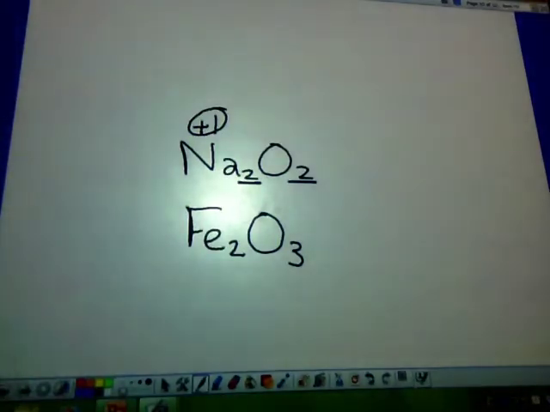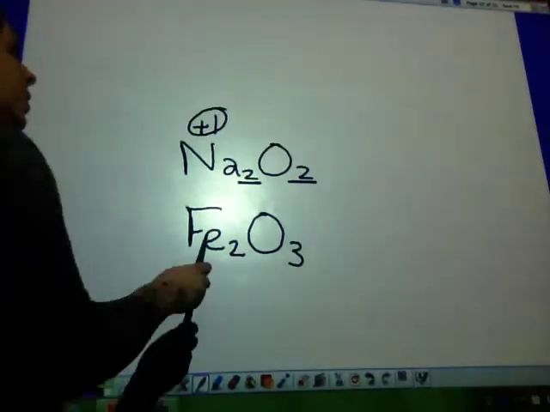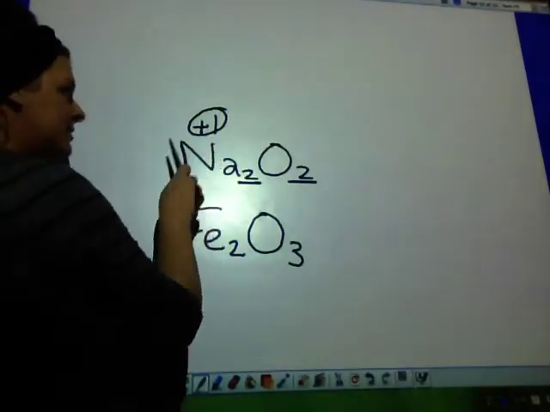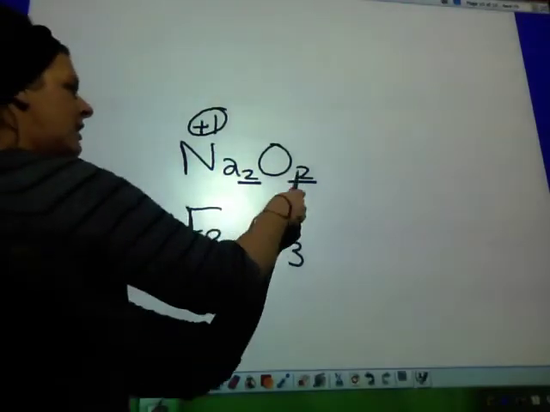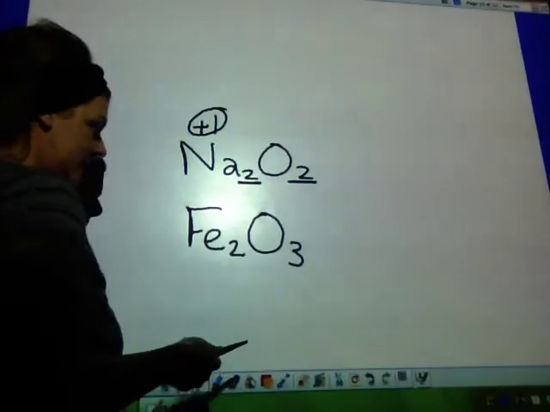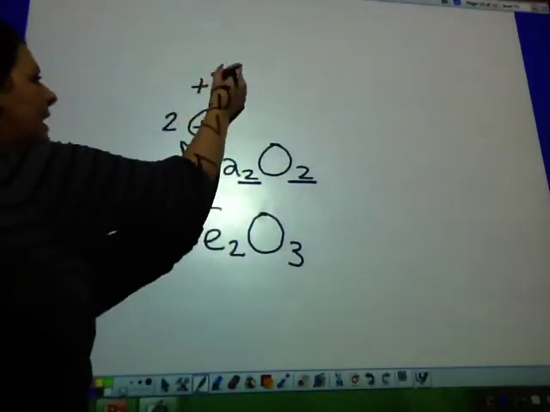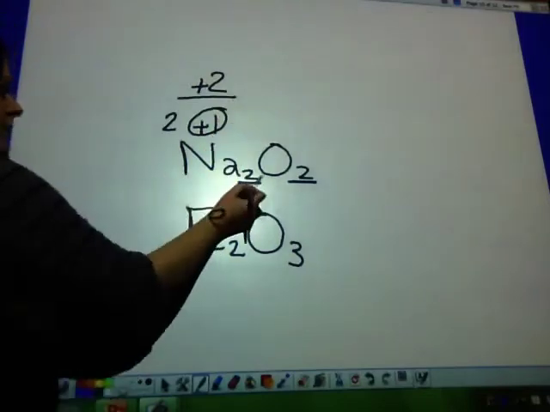Oxygen, though, does have an exception, and that's when it's in a peroxide. So if sodium has a +1 charge here, I need to find the oxidation state of oxygen in sodium peroxide. Well, I have 2 sodiums, so that means overall I have a +2 charge for sodium.